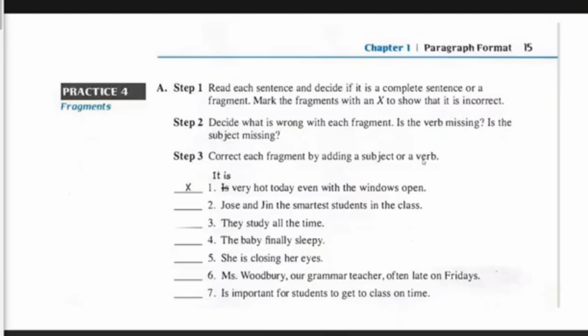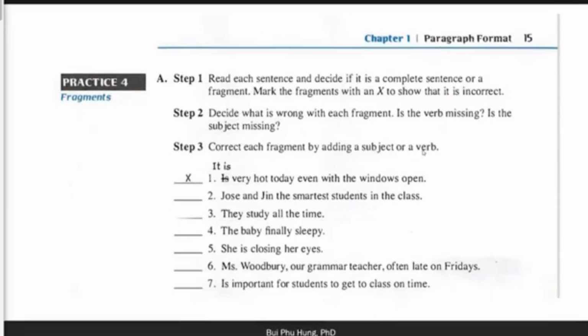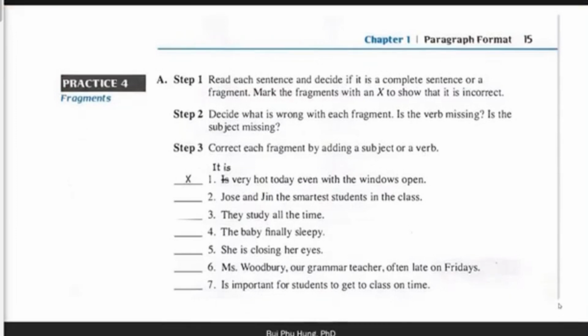Okay. The baby is finally sleepy. The baby is finally sleeping. And sentence 7. Yes, it's important for a student to get to class on time.